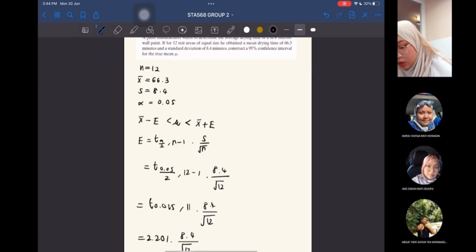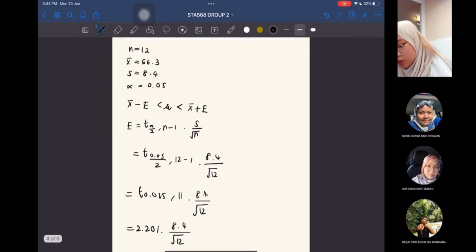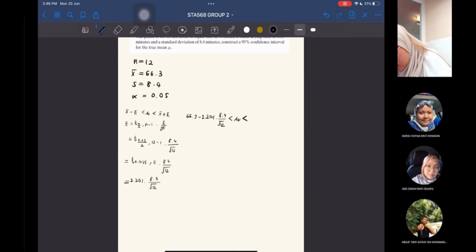And then we substitute the E value into the formula. 66.3 plus or minus 2.201 times 8.4 over square root of 12.